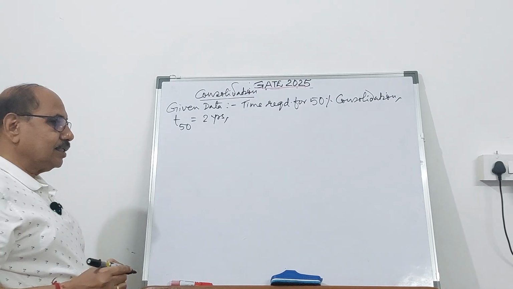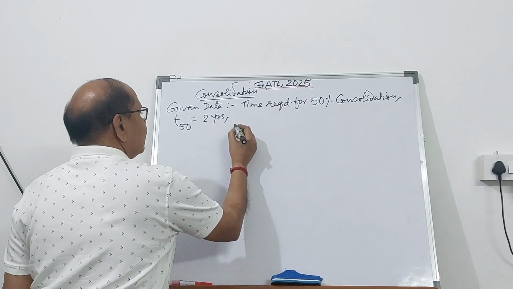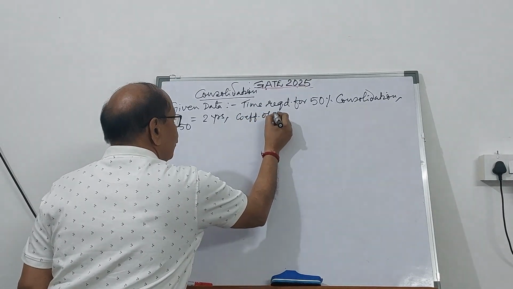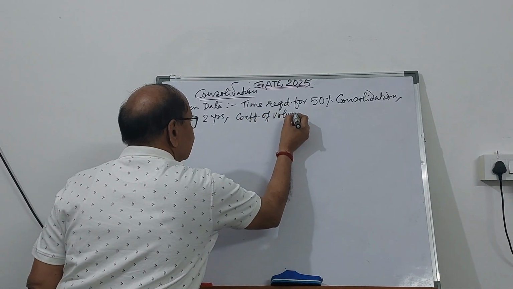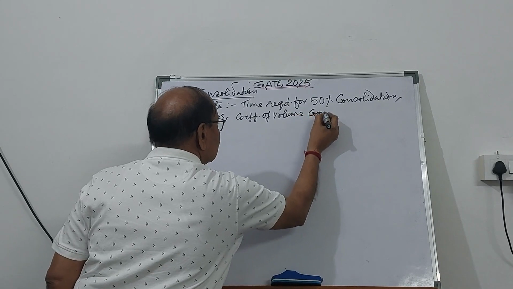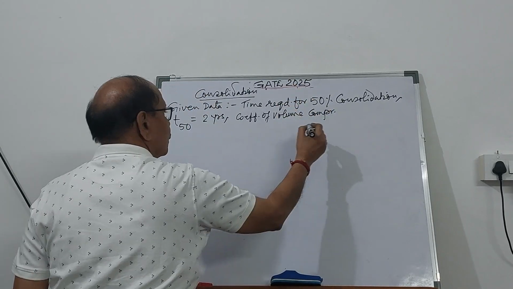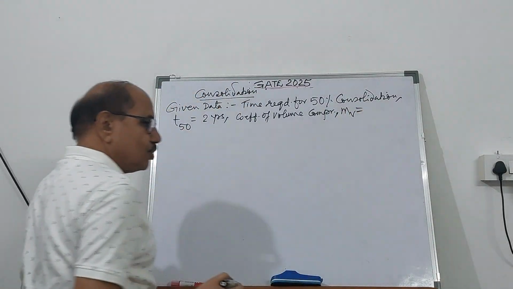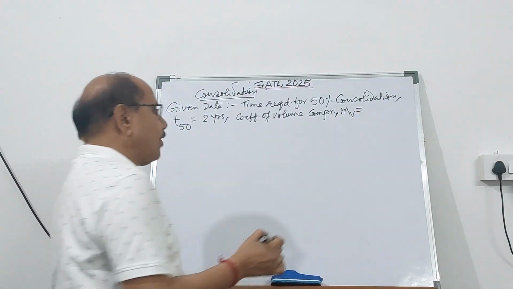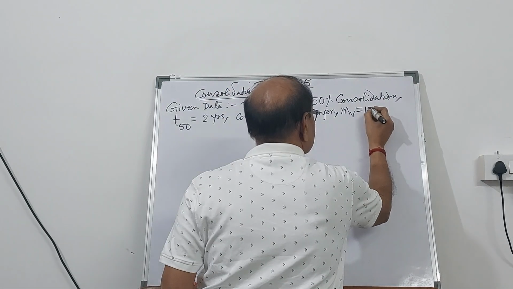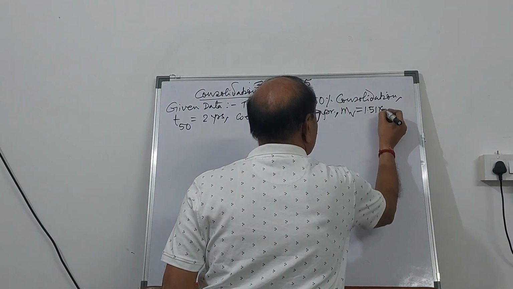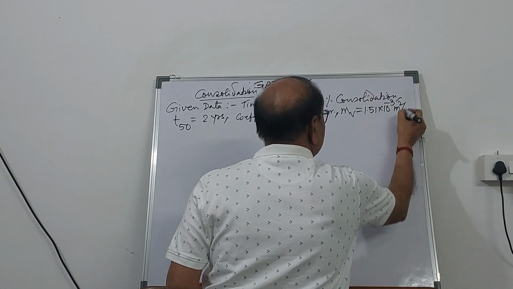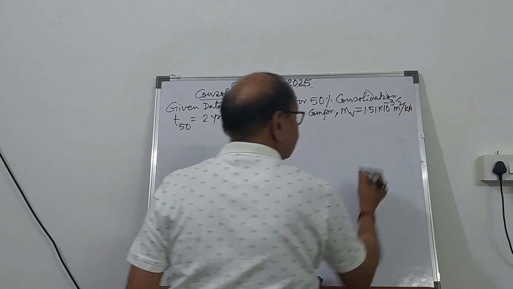So 2 years is the time, and the coefficient of volume compressibility, mv, is also given as 1.51 into 10 raised to minus 3 meters squared per kilonewton.